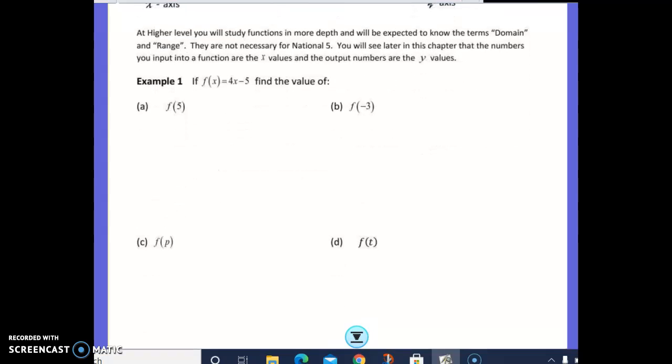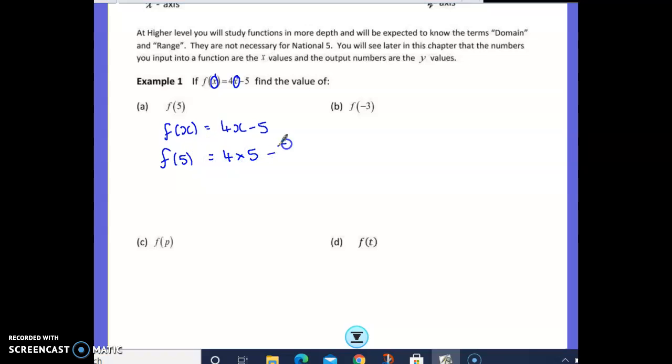If I've got the function f of x equals 4x minus 5. Now the f of x part tells me I've got a function, whatever that function is, in x, so my letter in the function is going to match up. So if I have f of x is 4x minus 5, and I want to find f of 5, I'm going to replace my x with 5.